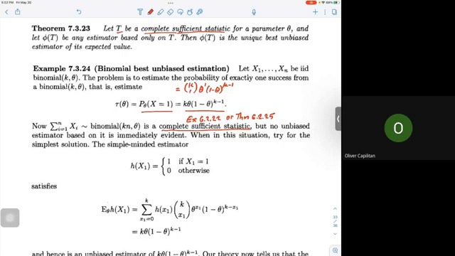Okay, so when in this situation, try for the simplest solution. We have the simple-minded estimator in this case. h of x sub 1 is equal to 1 if x sub 1 is equal to 1, and then 0 otherwise. Now, if x sub 1 is not equal to 1, then that will be equal to 0.